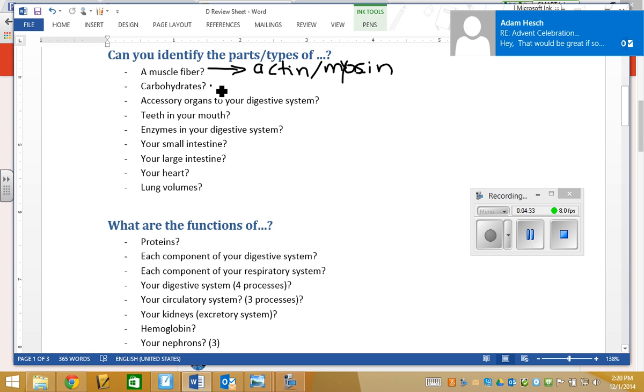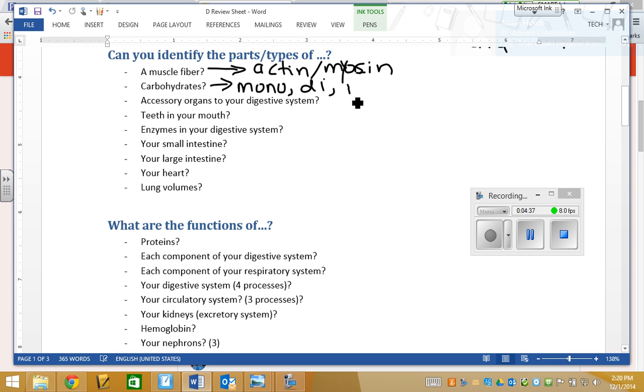For carbohydrates, there's mono, di, and polysaccharides, depending on how many units of sugar they're made out of.